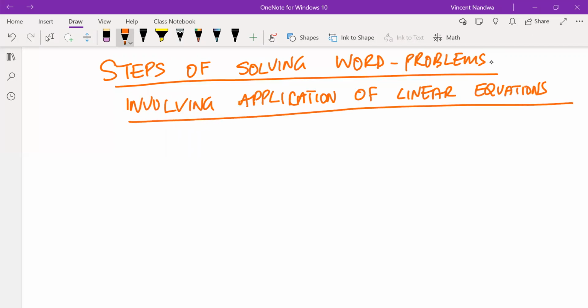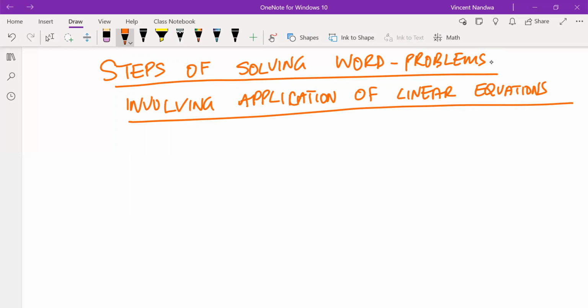So there's no foolproof method for solving word problems involving linear equations, but the steps you are going to be given can possibly help you to solve a problem much more easily.